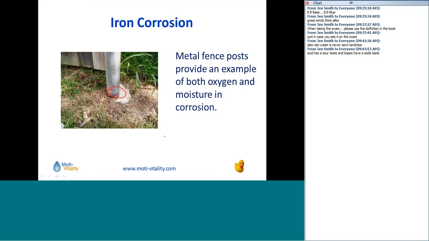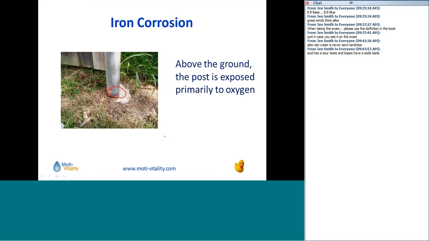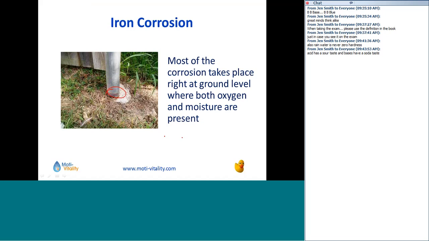The metal fence posts provide an example of both oxygen and moisture and corrosion. Above the ground, the post is exposed primarily to oxygen. Below the ground, it's exposed primarily to moisture. But most of the corrosion takes place right at ground level where both oxygen and moisture are present. So when you have those two things combined, that's when you get the bulk of the corrosion.